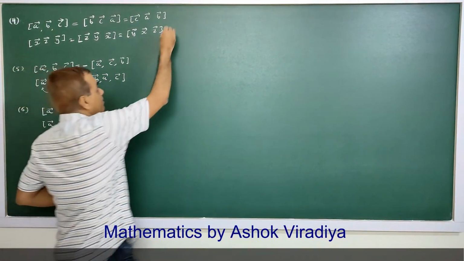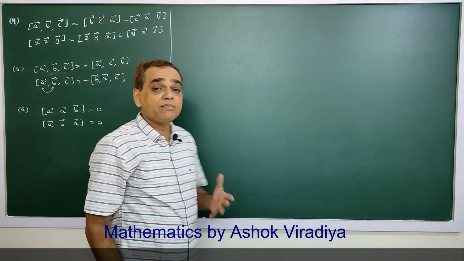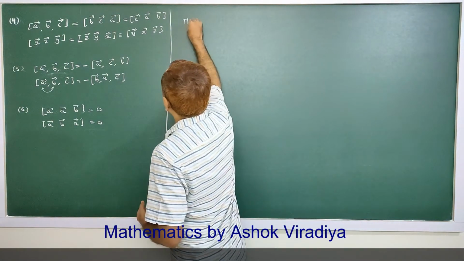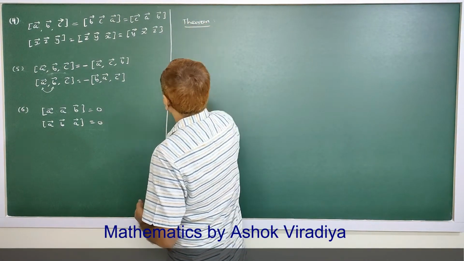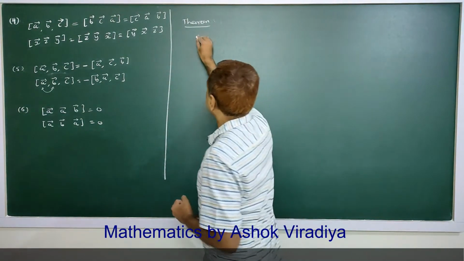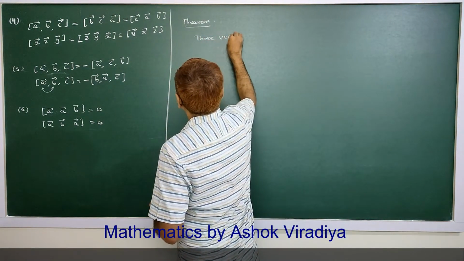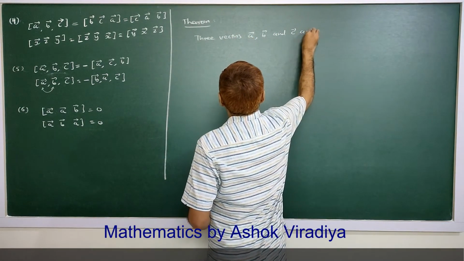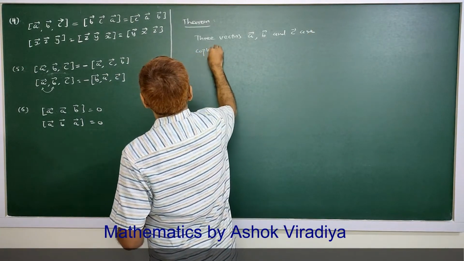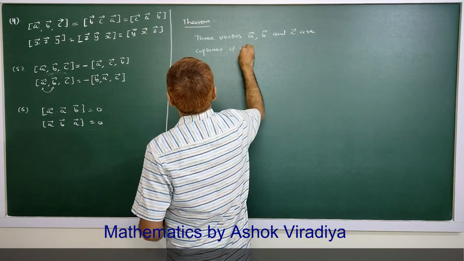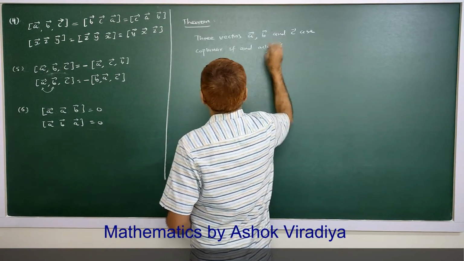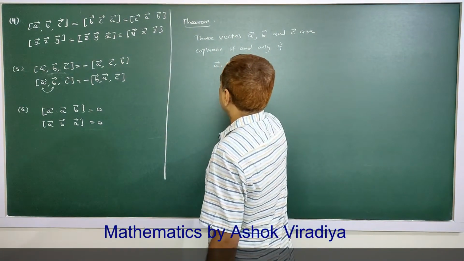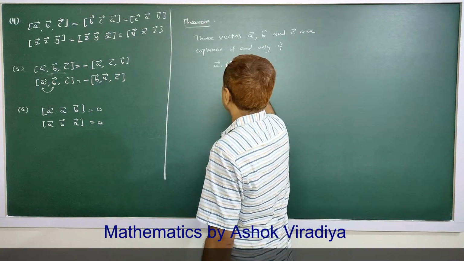Then one more property based on the scalar triple product. See, it is a theorem. Three vectors A, B and C are coplanar if and only if their scalar triple product is 0.